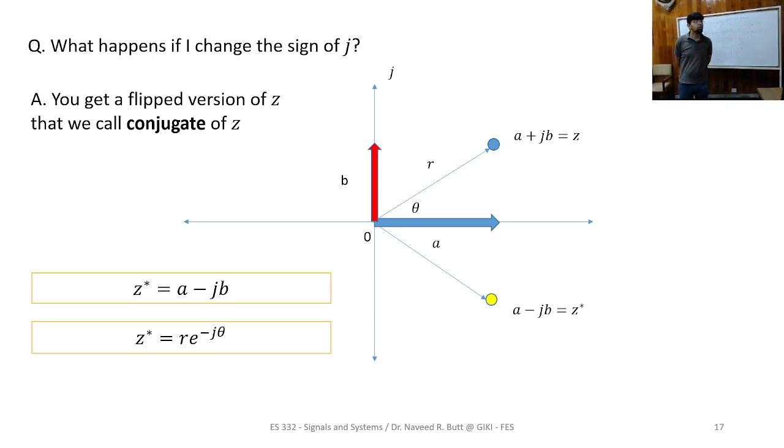So another operation that often comes in handy in working with complex numbers is the complex conjugate. Yes. What does the complex conjugate do? It simply replaces J with minus J. What effect does it have? You can convince yourself very easily that in both cases, Cartesian or polar, replacing J with minus J would flip it to the lower half.